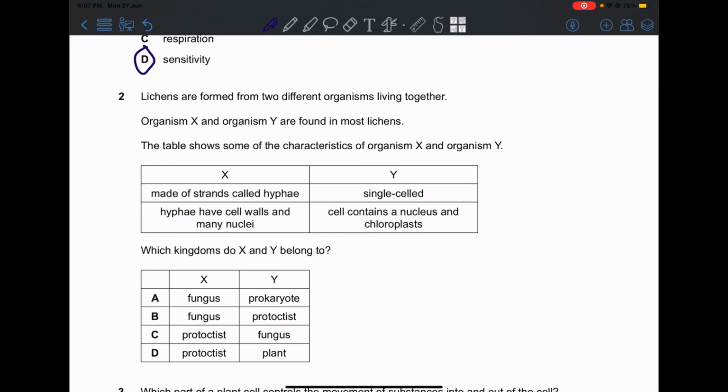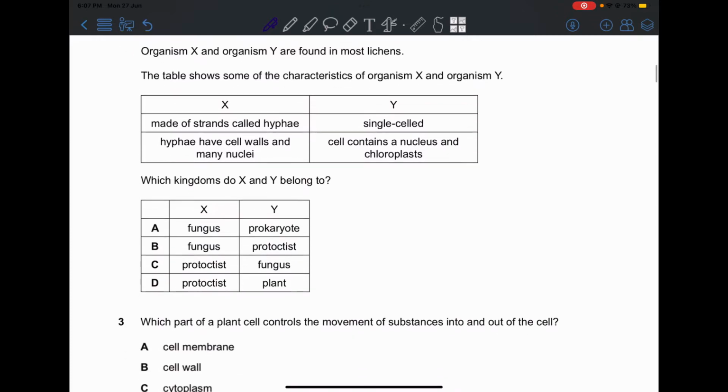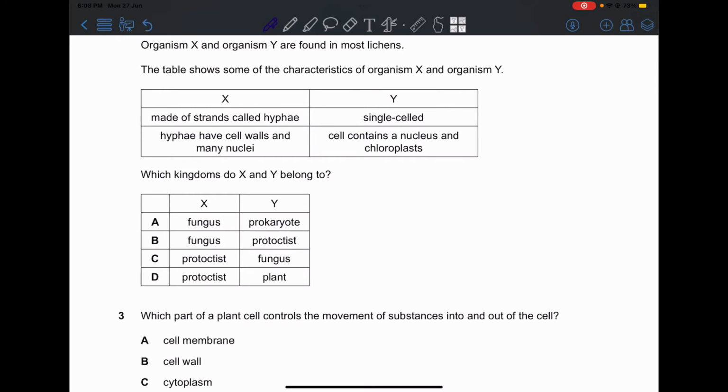Number 2, lichens are formed from two different organisms living together. Organism X and organism Y are found in most lichens. The table shows some of the characteristics of living organism X and living organism Y. X is made of strands called hyphae, and hyphae have cell walls and many nuclei.